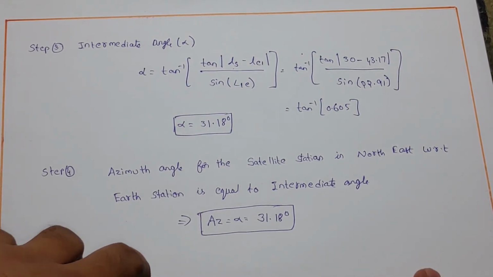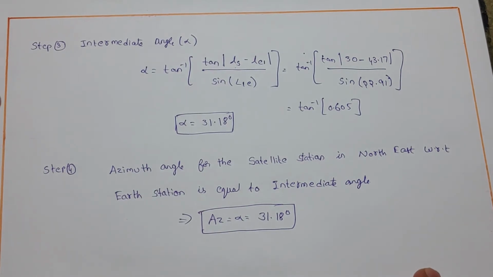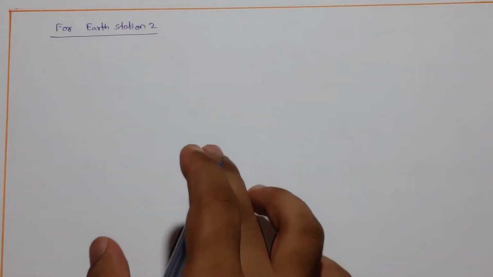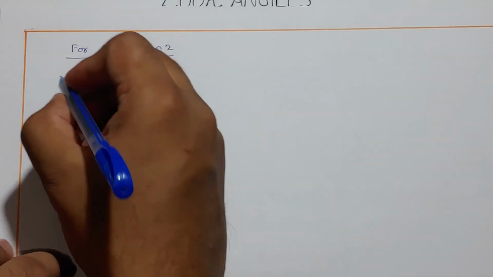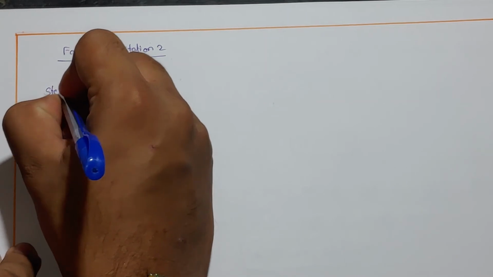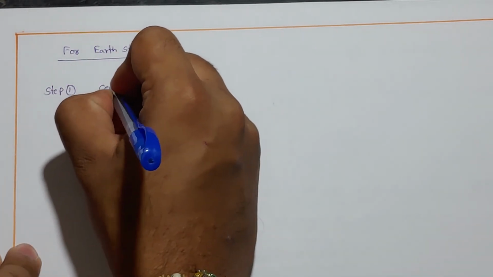Now we need to find the same thing for the earth station antenna 2 also. Now for the earth station 2, the process is same. So in the step 1 we need to find the central angle.